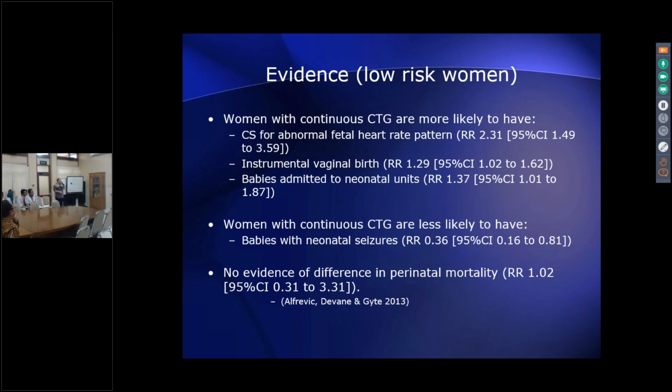So for low-risk women, we found pretty similar evidence. Higher cesarean section rates, higher instrumental vaginal birth rates, and more babies admitted to special care. It's in this group of women, the low-risk women, where we find a reduction in the seizures. And similarly, for the low-risk women, we find no difference in perinatal mortality rates.